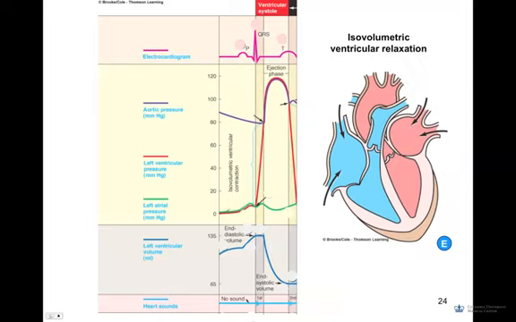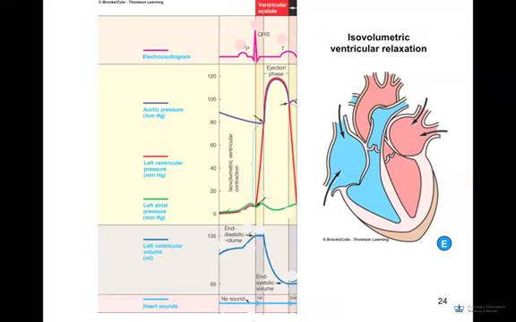Eventually, as that ventricle is relaxing, the ventricular pressure is going to fall below aortic pressure. It's going to fall below that purple line. When ventricular pressure falls below aortic pressure, we have a closure of the aortic valve. That's what this arrow right here is pointing to.